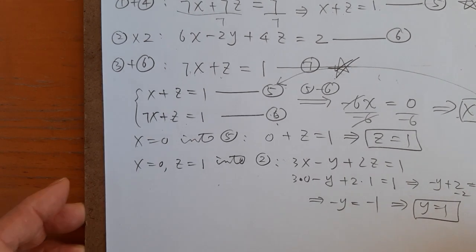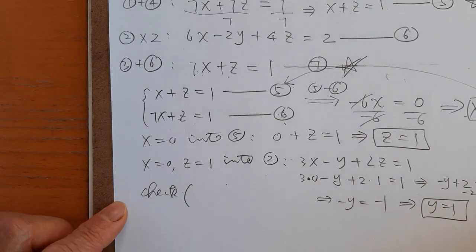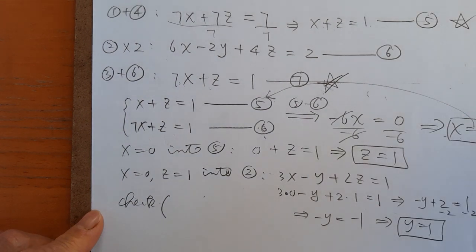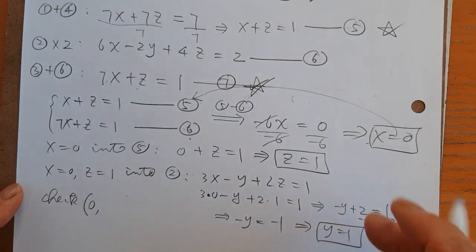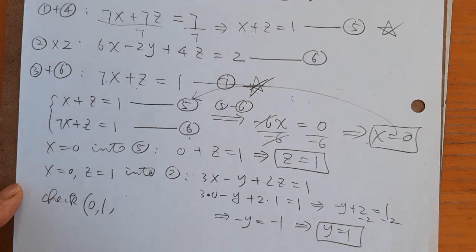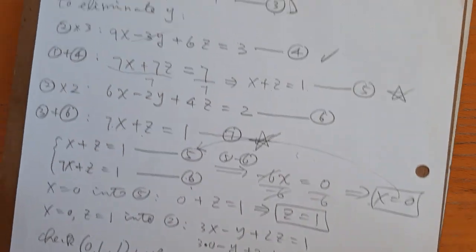And now you can check to see if your answer is right or not. Check. X coordinate is 0. Y coordinate is 1. Z coordinate is 1. Which equation to check with?